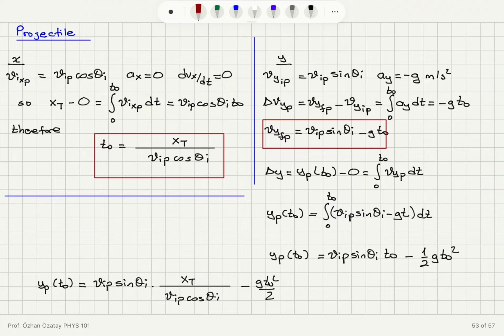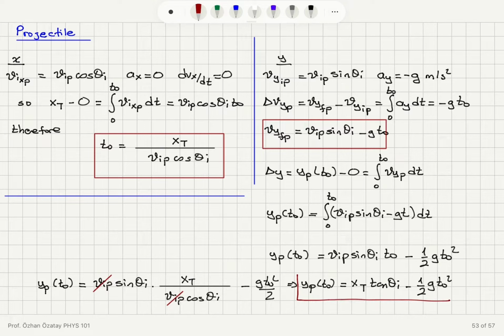You can see that the initial velocity, the initial speeds, will cancel, and my final answer for the final position of the projectile at time t equals t0 is x_t sine divided by cosine, which is tangent theta initial, minus 1 over 2 g t0 squared.